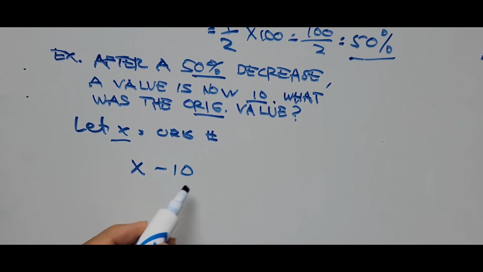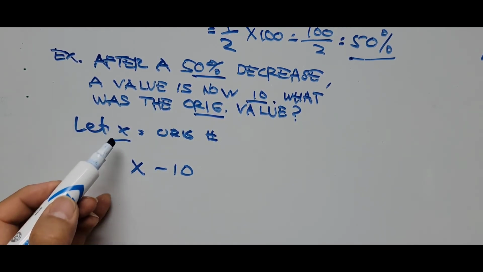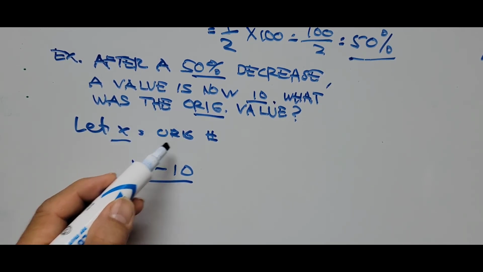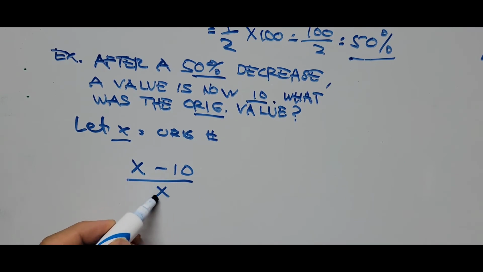That's why we're subtracting 10 from x, since the original value is greater than 10, so we arrive at an answer that is positive, not negative. And divided by what would be the denominator? Since x is the original value, that would be the denominator.